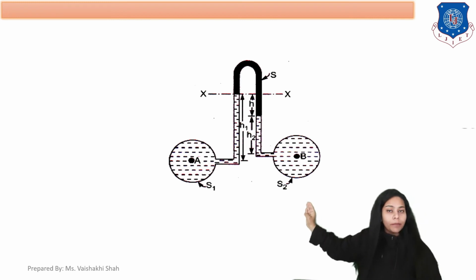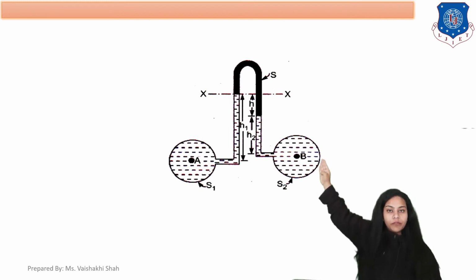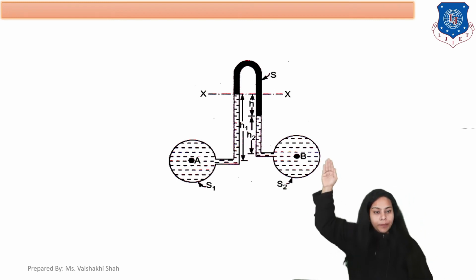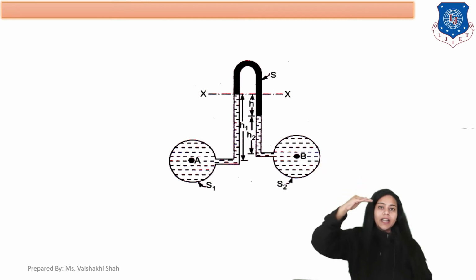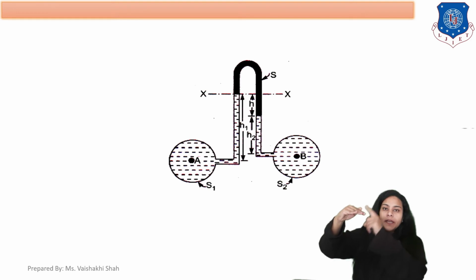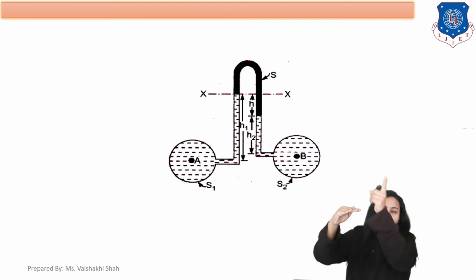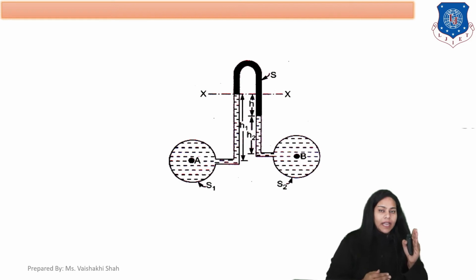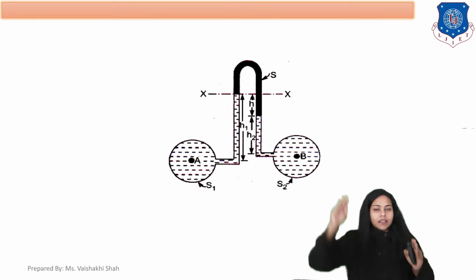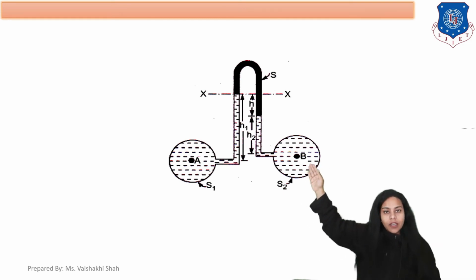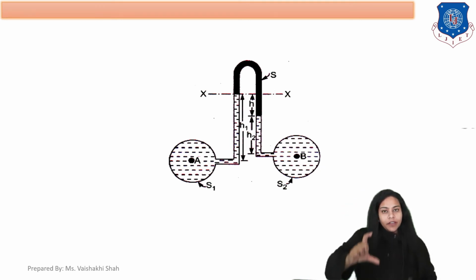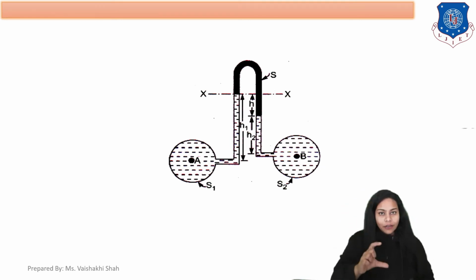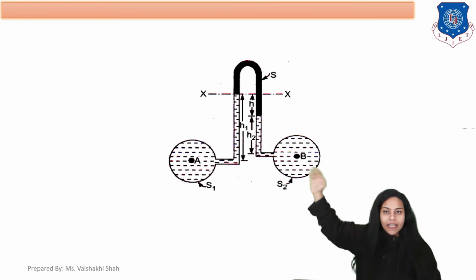The fluid from pipe A goes upward and applies pressure at the x-axis. So the manometric fluid goes downward on the right side, and the height by which the manometric fluid goes downward is small h.